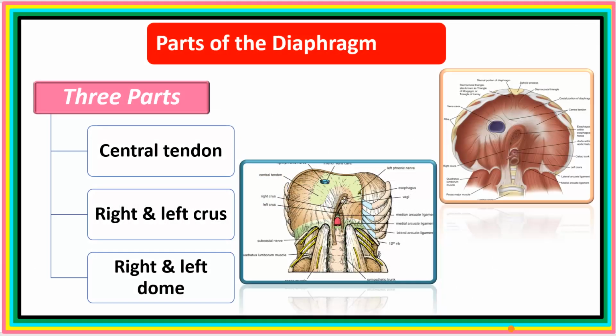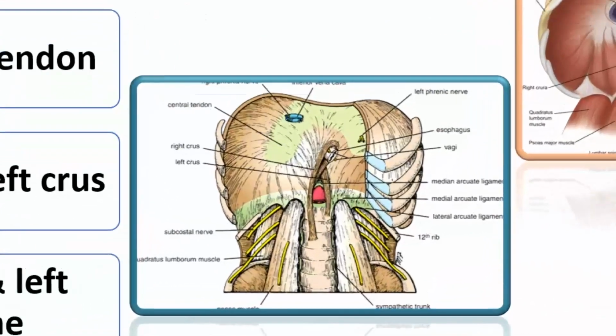The diaphragm has three parts. These three parts are the central tendon, the right and the left crura, and the right and the left dome. Now let's identify these various parts.